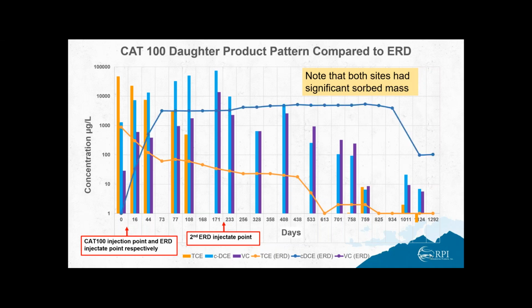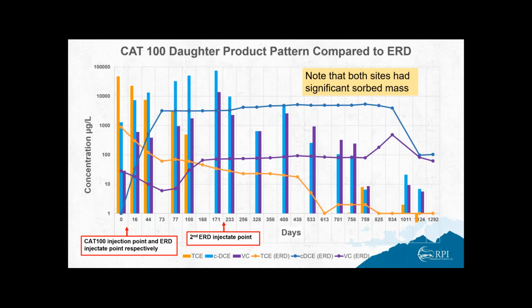And then here is your DCE concentration. You'll see that it goes up and is really sustained for a long period of time relative to the CAT. And finally, you see your vinyl chloride. So in this, you see kind of the classic EDR pattern with the EDR material.